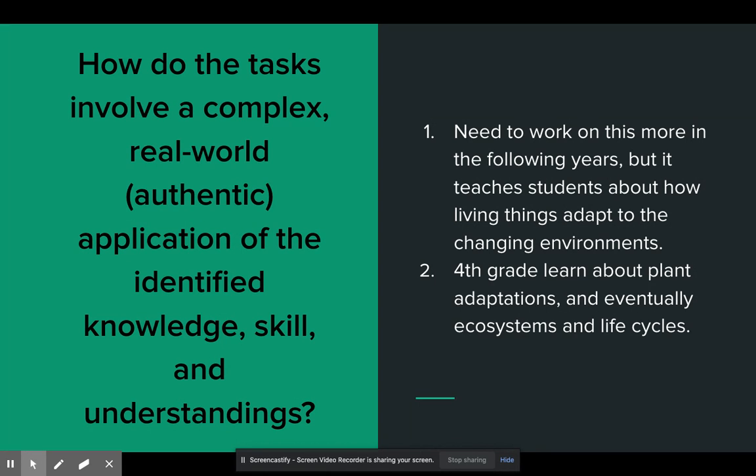I dug a little bit deeper and found out fourth grade does learn about plant adaptations, which I knew, but I dug a little bit deeper about how eventually students learn about ecosystems and life cycles. So I just need to do a better job in the future, learning more about what they learn in fourth grade and further on in the years and how that applies to what we teach in third grade and how I can help students get that deeper understanding.